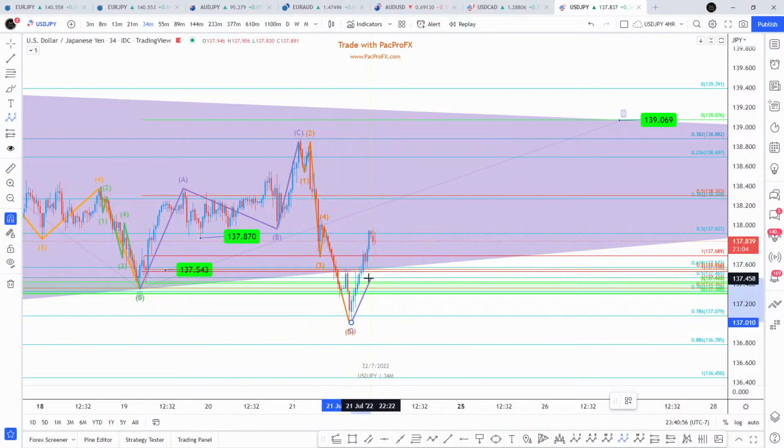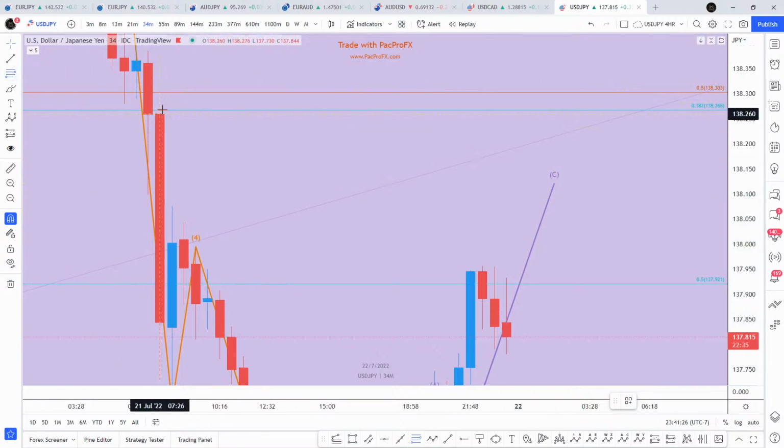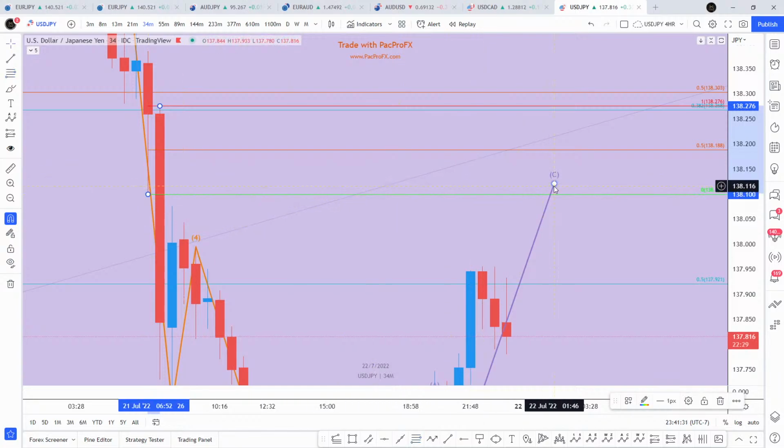This is wave 4. So it looks like you have an A, B, and C. And this probably could go up one more time. So this is an A, B, and C inside the C wave. It'll come up to about here. Let's look at that more. Yeah, right up here.